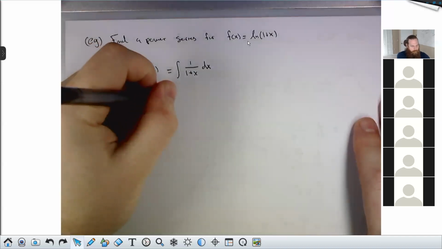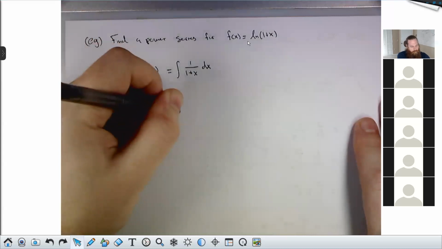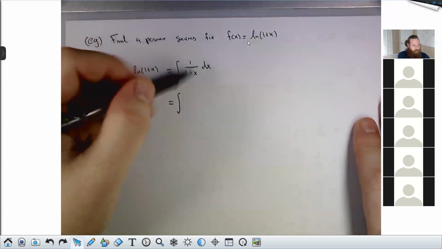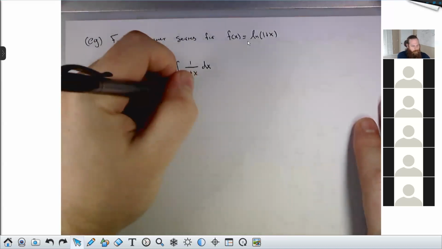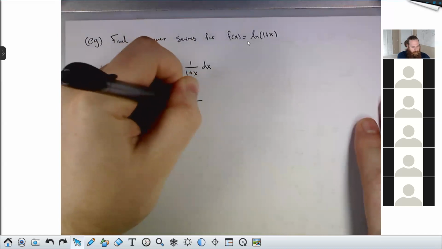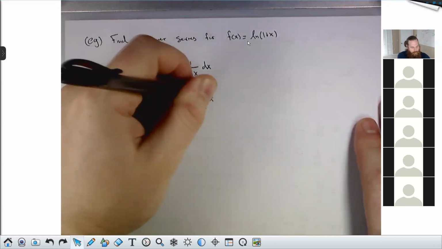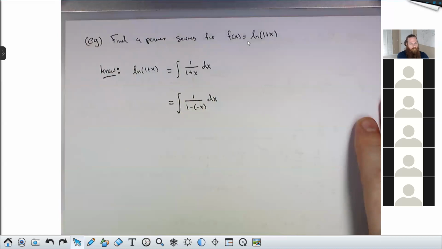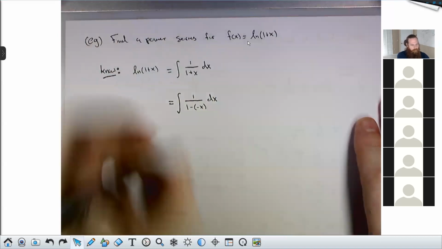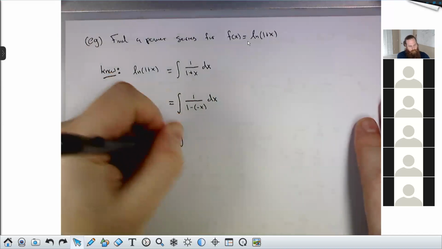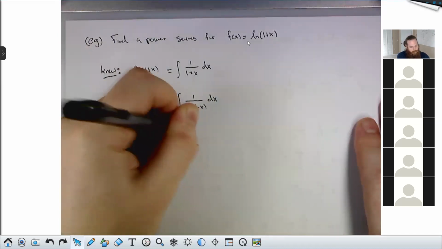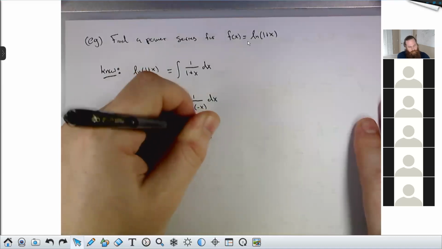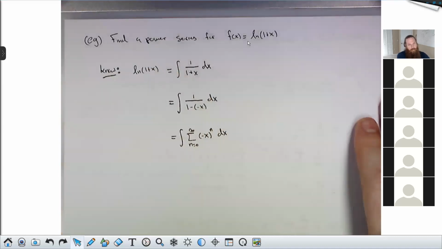So in order to find the series for natural log 1 plus x, I will find the series for this and then integrate it. 1 over 1 plus x is 1 over 1 minus negative x, which is sigma n equals 0 to infinity negative x to the n by my geometric series trick.